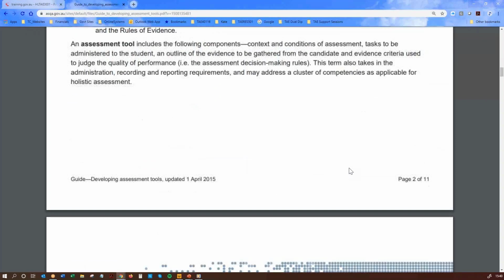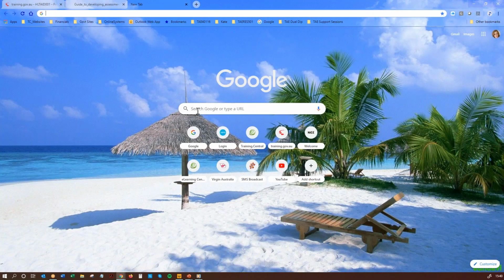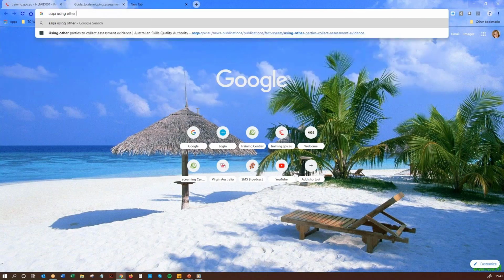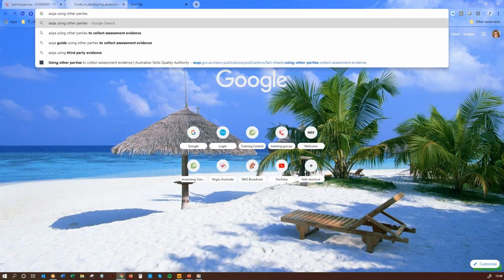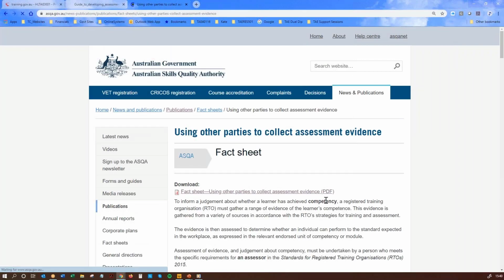There's also another one which is called Using Other Parties to Collect Assessment Evidence, and it's a fact sheet. So on the ASQA website from time to time they will put out these sorts of documents that just give extra guidance around what the expectation is when it comes to any of the requirements of the standards.